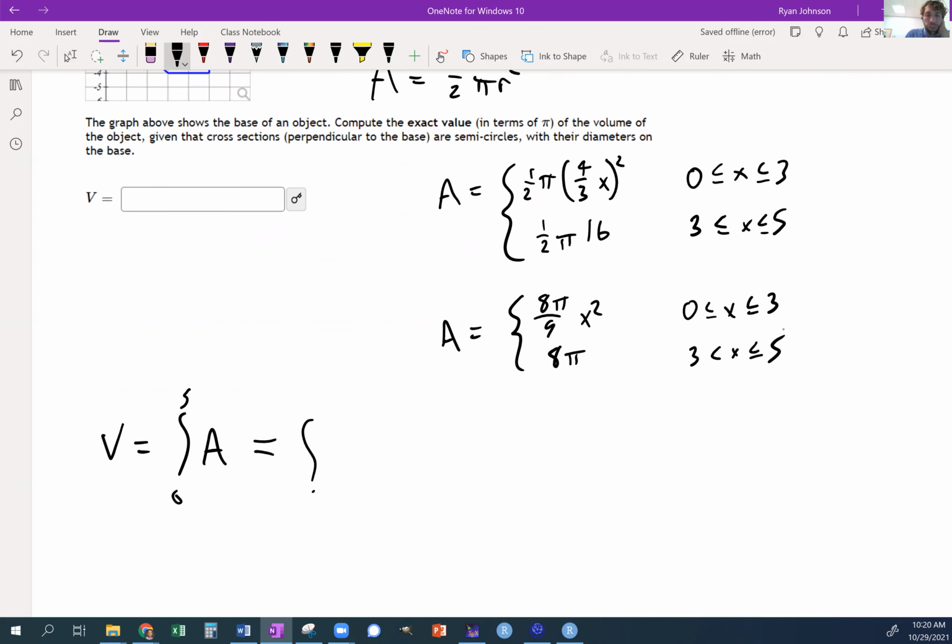So it's going to be the integral from 0 to 3 of 8 pi over 9 times x squared dx, plus the integral from 3 to 5 of 8 pi dx.